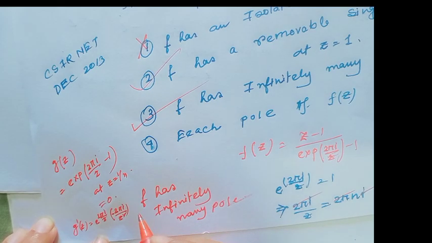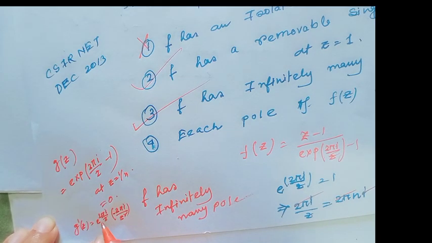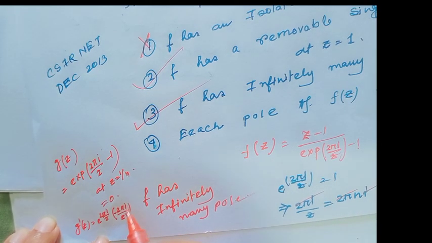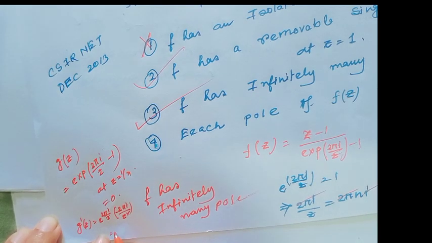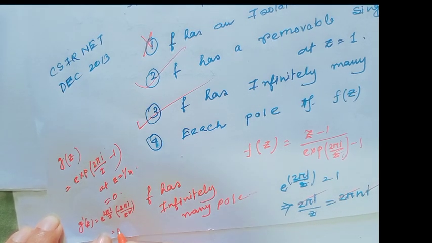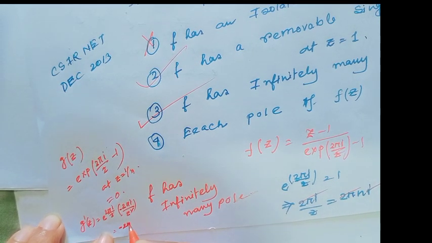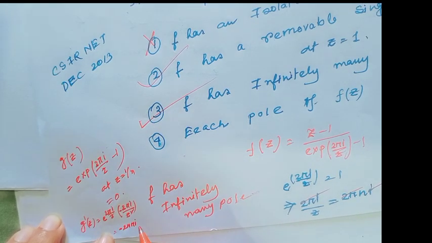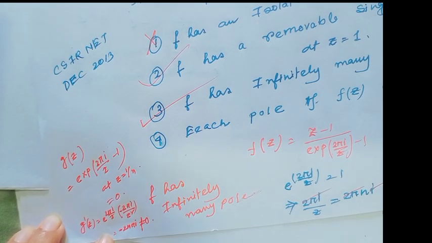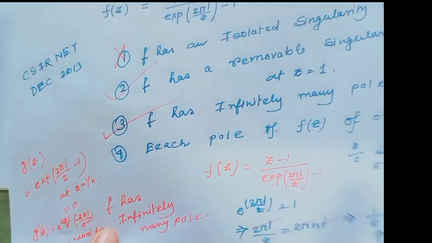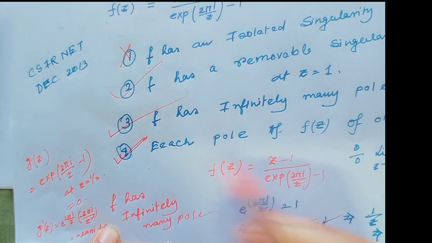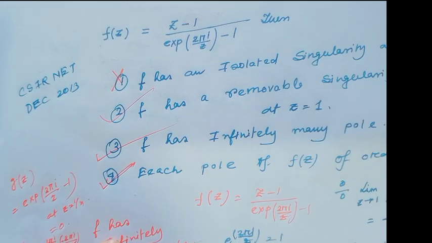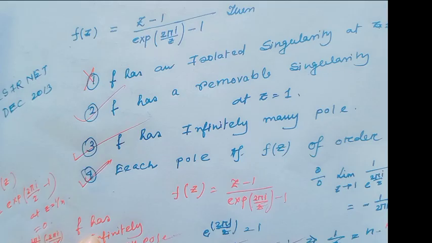When z equal to 1 over n, the exponential is 1 and z square gives 1 over n square, so this value is minus 2n square pi i, which is not equal to 0. So each pole has order 1. That means options 2, 3 and 4 are the right options.